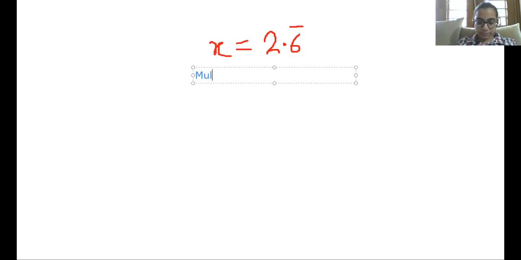Multiply both sides by 10. See, you obviously know what x means. x equals 2.666666, right?